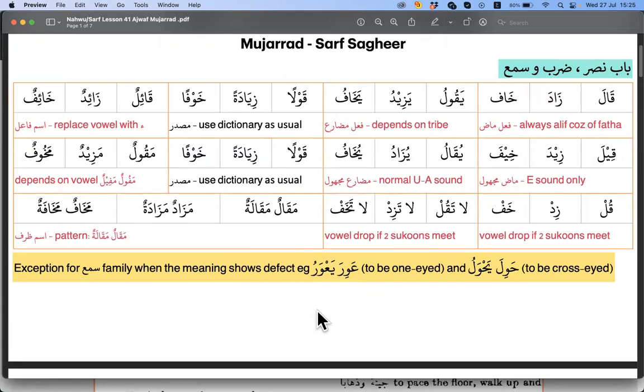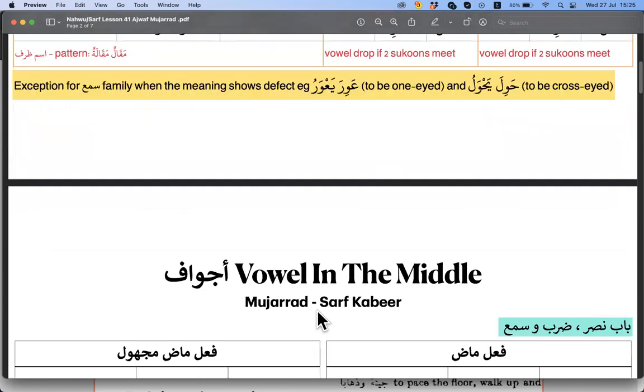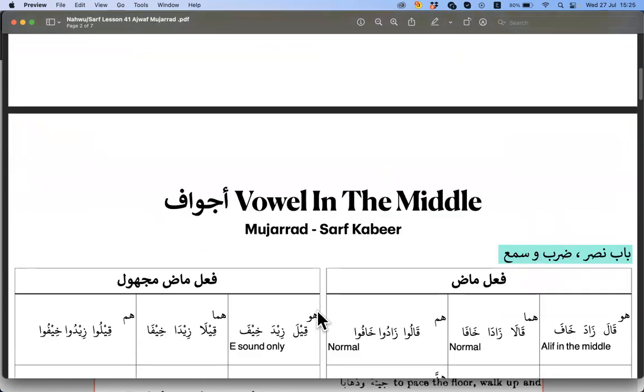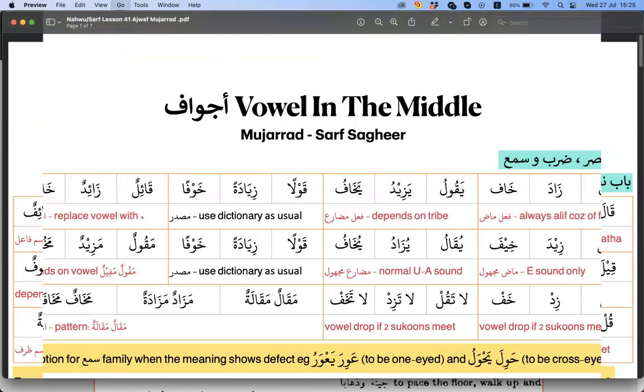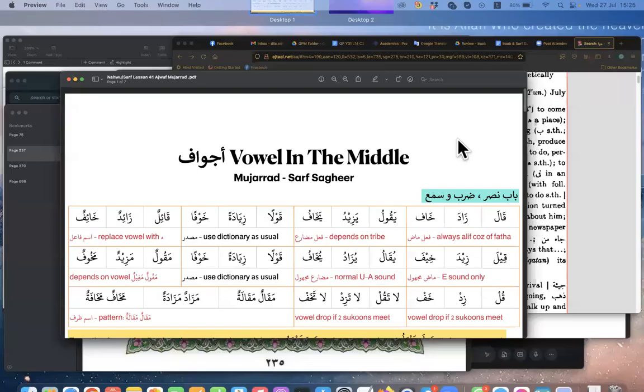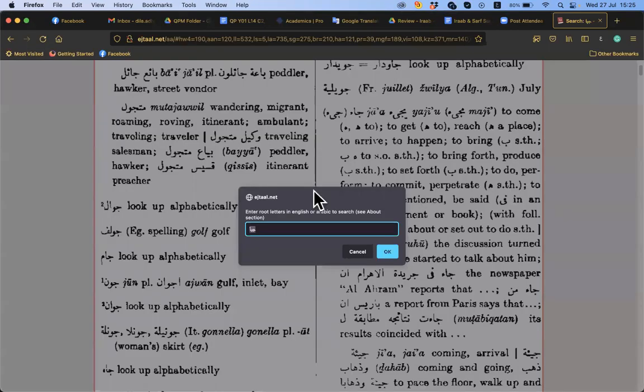I thought the dhamma or the kasra depends on whether the second root letter is a waw or a ya. Yes. Like kada, yakidu, kada, yakidu.